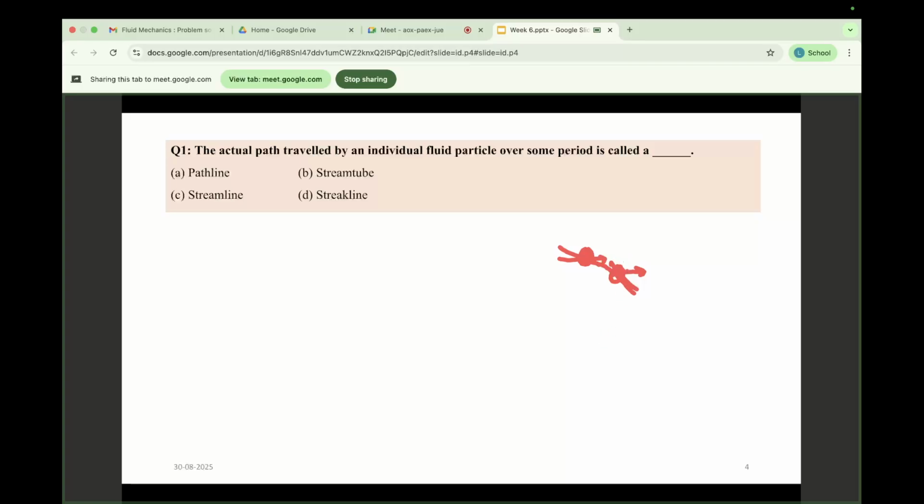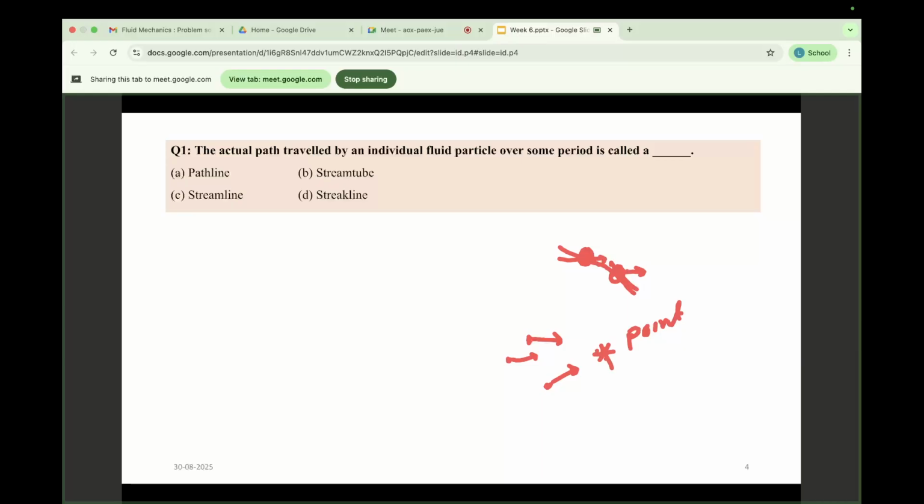And if I talk about the streak line, this is a fixed point. A particle is coming, it may move through this point. Another particle is coming, it may move through this point. Similarly, a large number of particles can pass through this point.